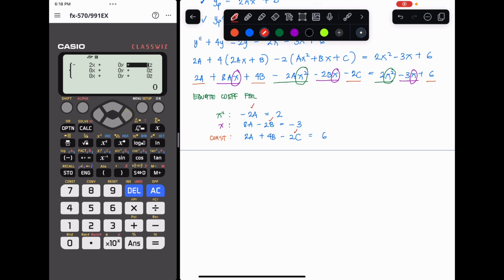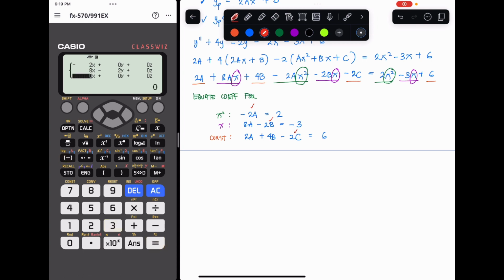Next, we don't have c as well, so that is 0. And lastly, that will be equal to 2. So for the constant part, I'm just going to write 2, equals. For the next equation, we have 8 for A, B is negative 2, C is 0, and the constant is negative 3.